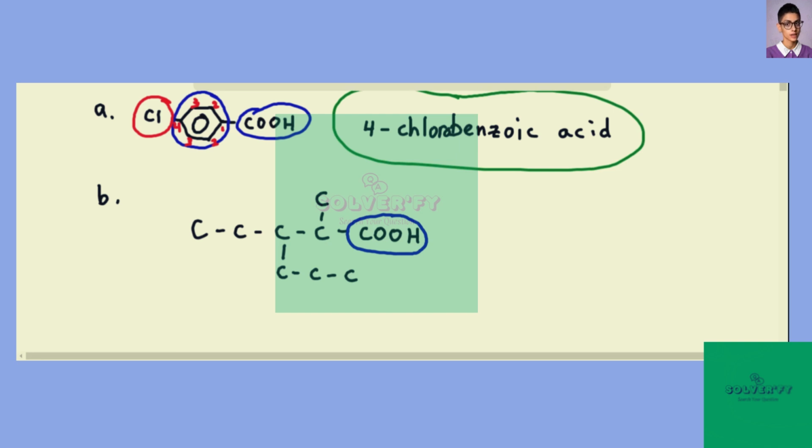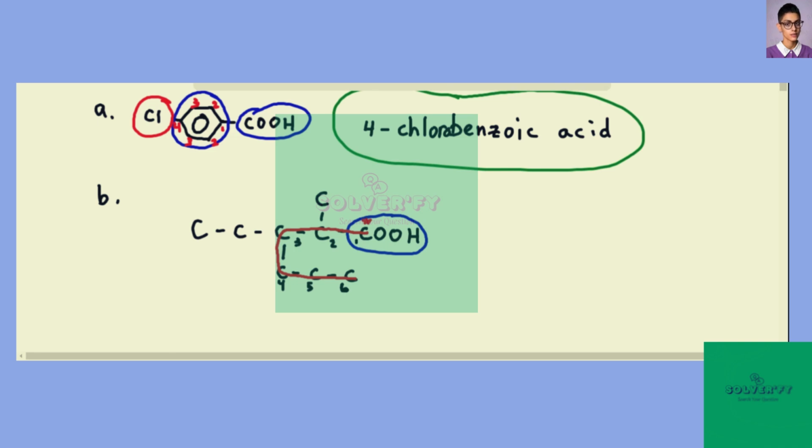We need to see how many carbons are in the longest continuous chain. This doesn't necessarily mean a straight chain. We're looking for the longest continuous chain. So starting with the carbon that is in the carboxylic acid, the longest continuous chain is the one that I just highlighted there. In other words, it's 1, 2, 3, 4, 5, 6 carbons in length. So that is a 6-carbon chain.